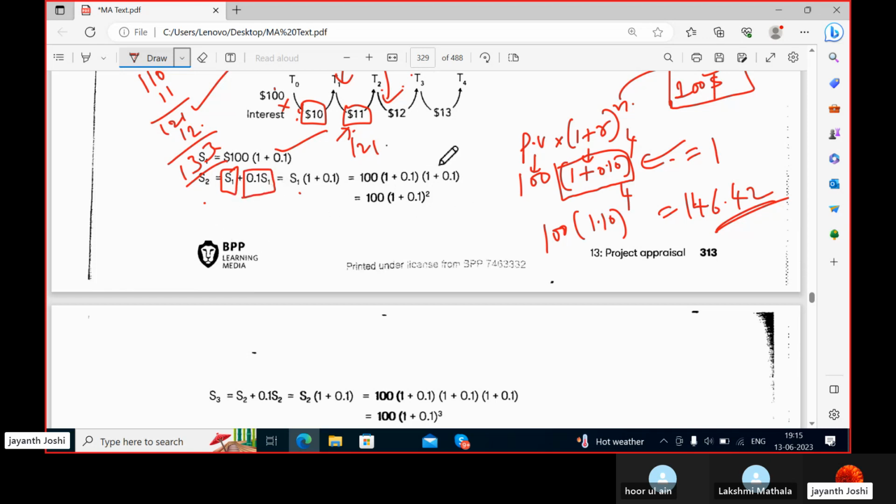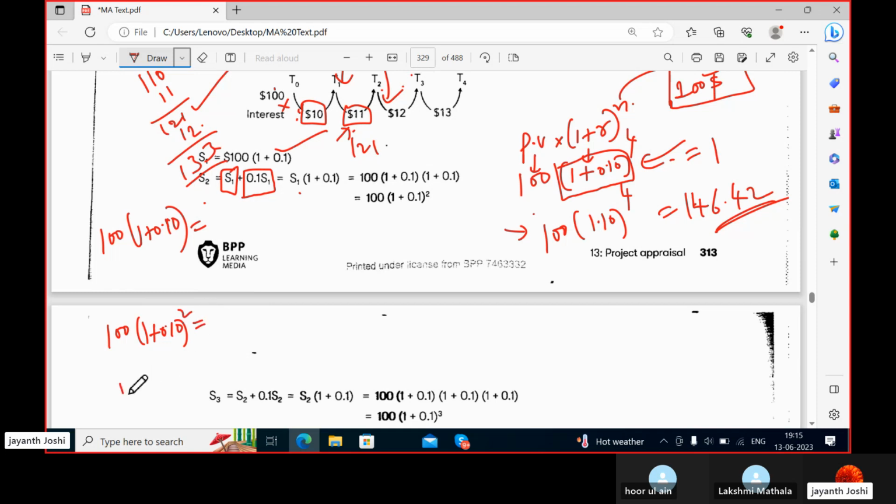But instead of going for all this lengthy and complicated calculation, it is better if you directly do the answer. But if they ask you what is the amount at the end of the first year, you have to take 100 into 1 plus 0.10. This is the first year amount. If they ask you the amount at the end of the second year, 100 into 1 plus 0.10 whole square, because this is year 2.